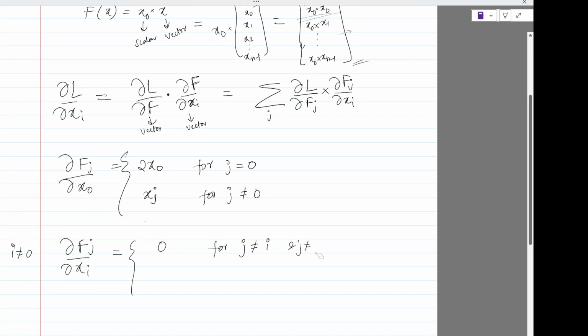What I'm saying, sorry, for j equal to 0 also it will be 0, and for any j which is not equal to i it will be 0. When j is equal to i, it will be x naught.